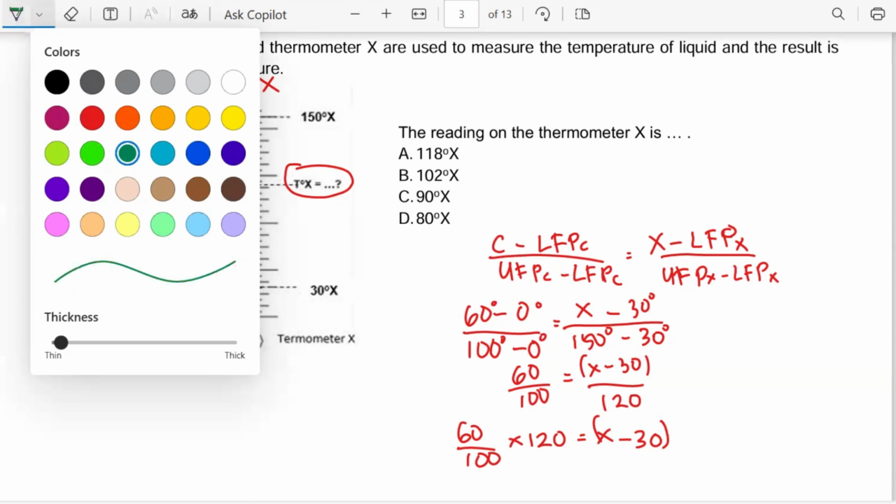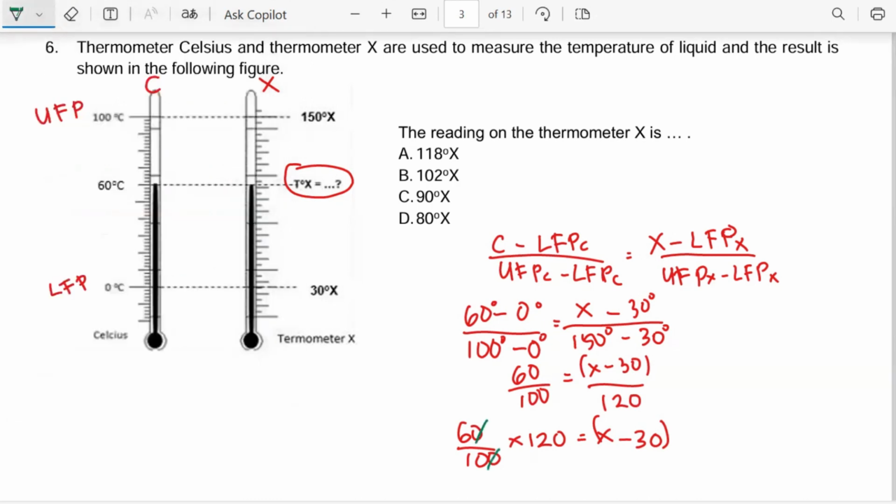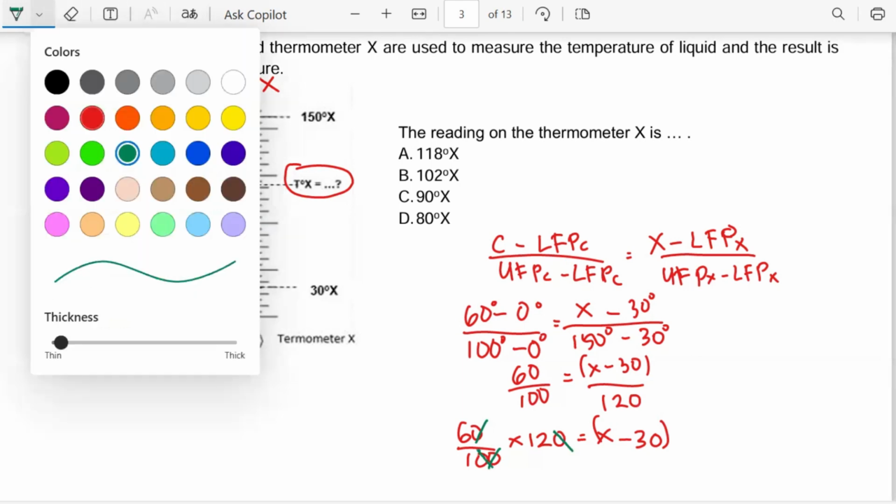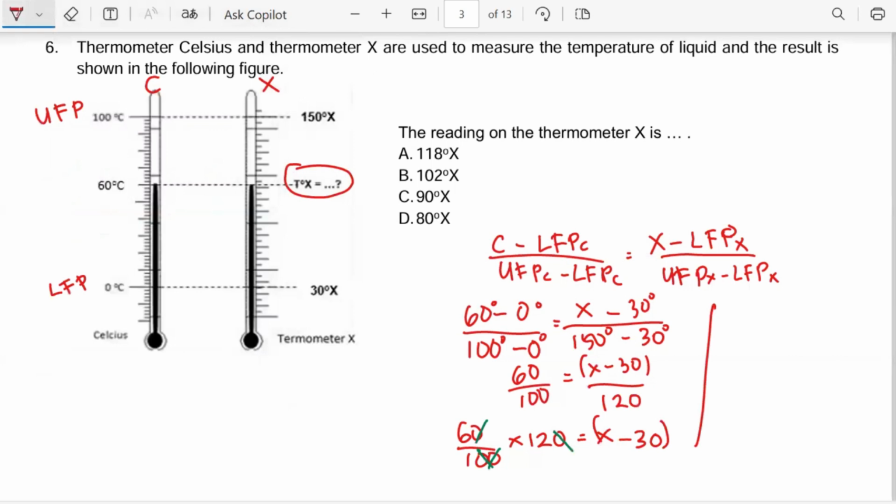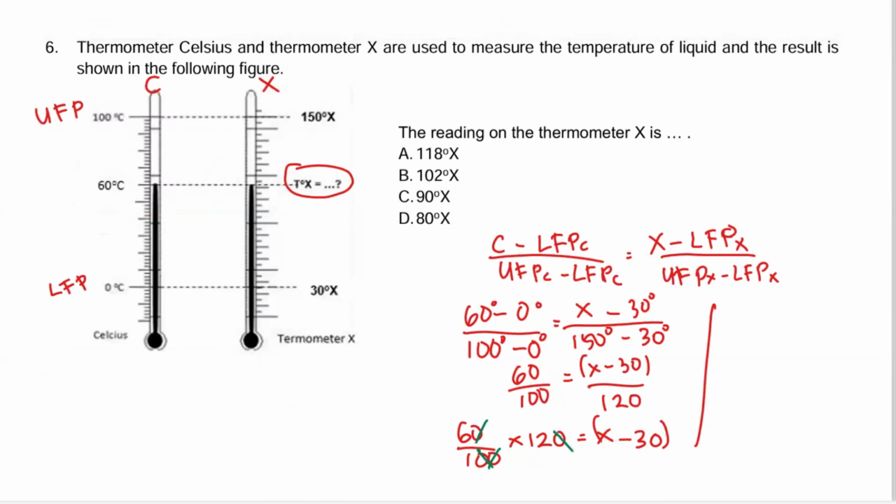60 divided by 100, so we can cross out the 0 here, and I will also have another 0 there, so I can just cross it out. So now on the left side, I have 6 over 1 times 12, or 6 times 12, equals X minus 30.